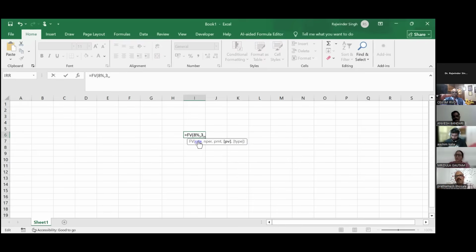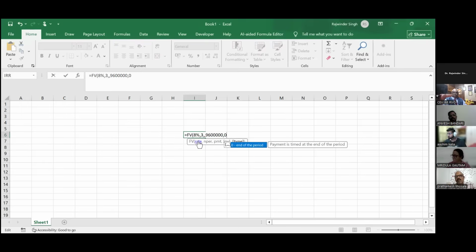And then present value. Present value is given to you as 9 crore 60 lakh. And then last, it is given type. Type means if it is ordinary annuity, it is 0. If it is annuity due, it is 1. By default, it is 0. You need not put it, otherwise 0 is always there by default.